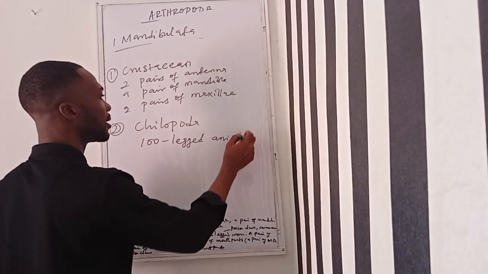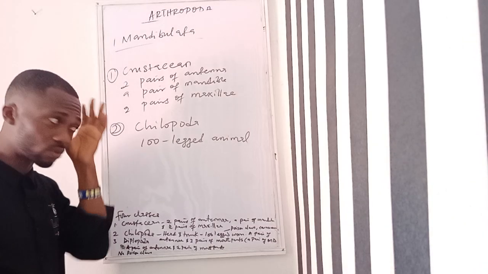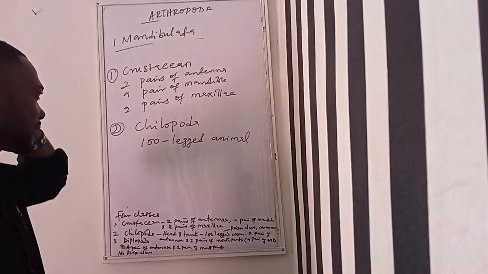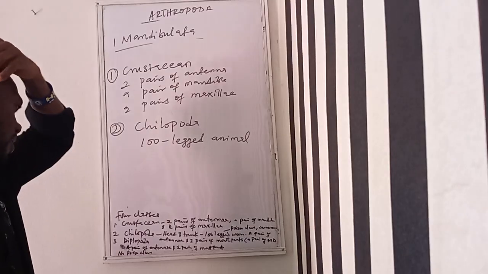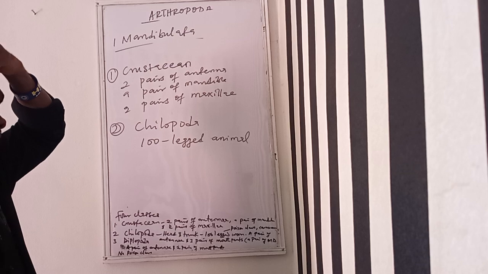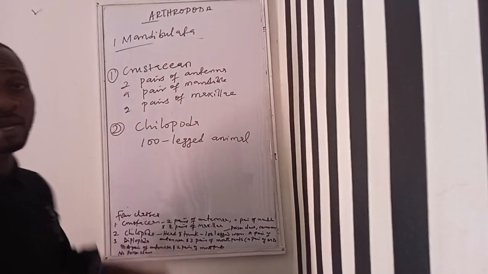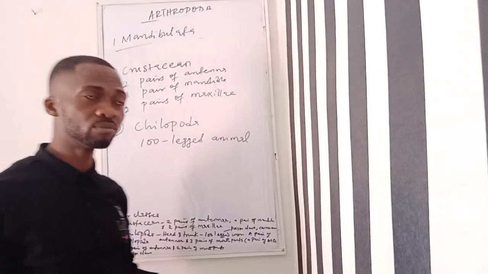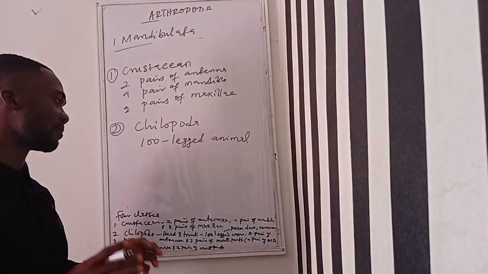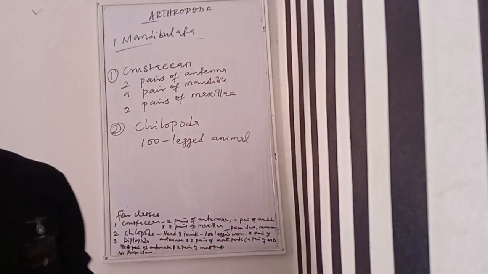That is a common name given to the Chilopoda, and their body is divided into head and trunk. And they're carnivorous. Members of this group also have poison claws.